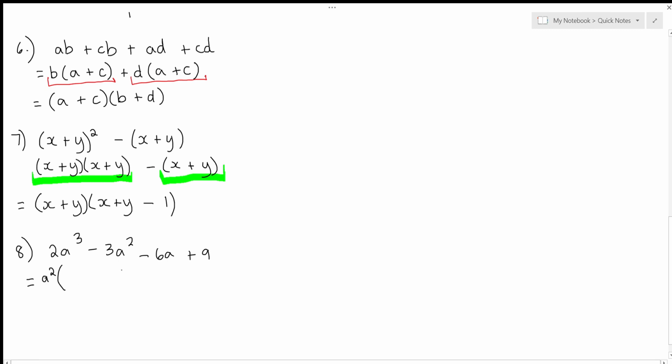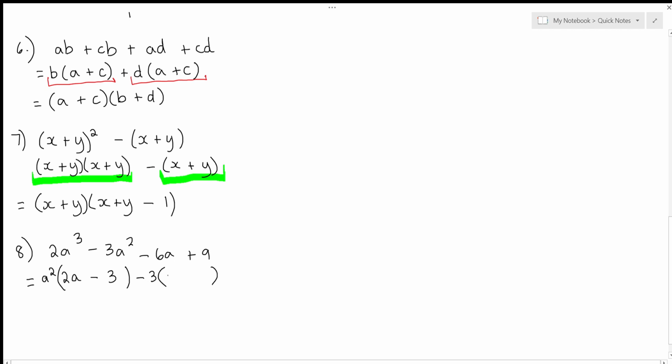So we're going to test to see if this works first. And I'll be left with 2a minus 3. Okay, so I've taken out a common factor of a squared. Looking at the next 2 terms, I've got 6a and 9. So my common factor here would be 3. I'll take out 3, so it's going to be minus 3.